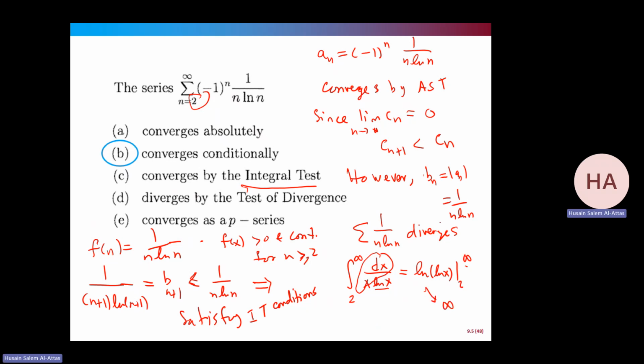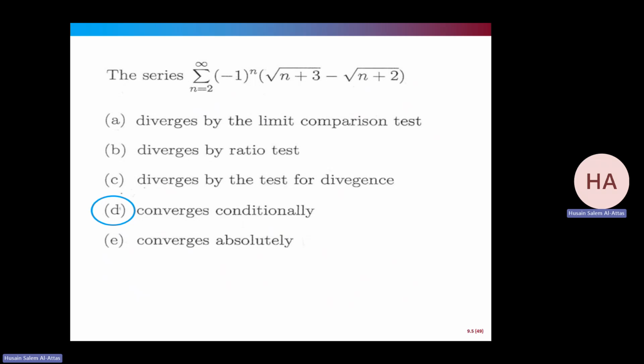So this series diverges. So the original series converges by the alternating series test, but when you take the absolute value you get a divergent series, so it converges conditionally.